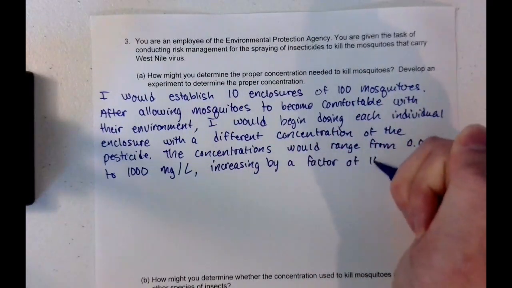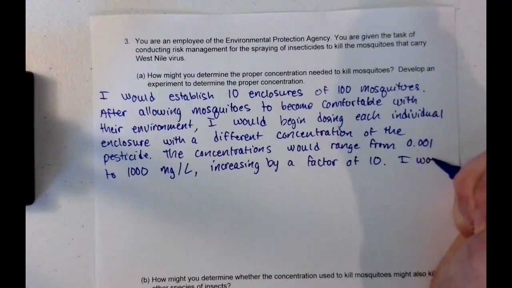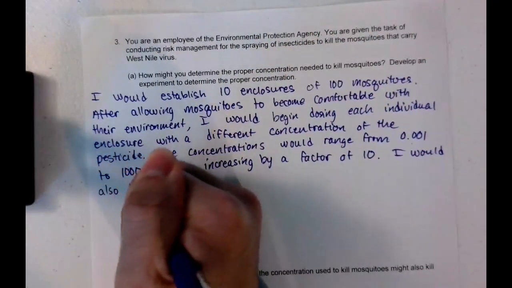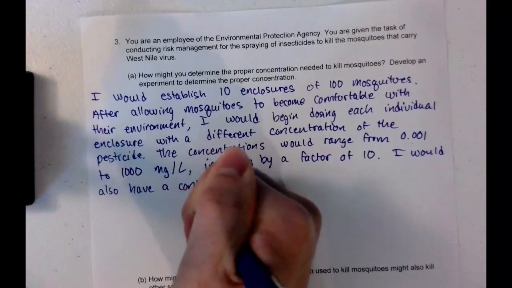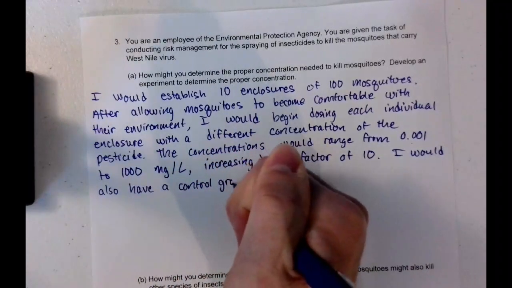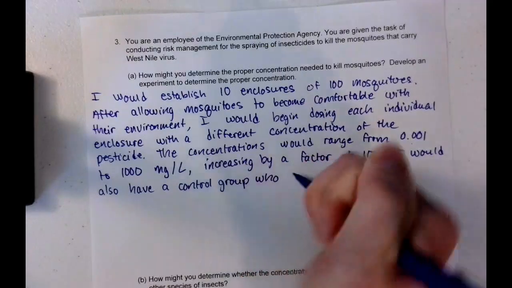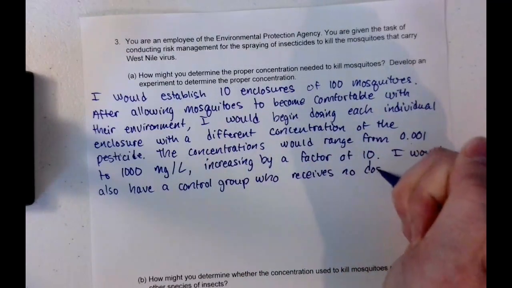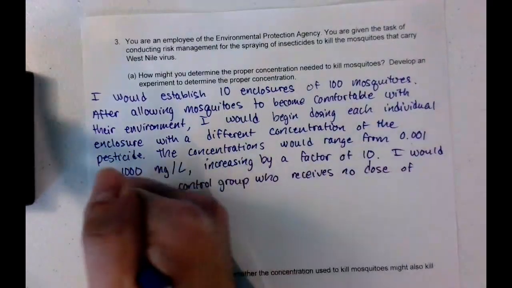Okay? I would also, remember you have to have some sort of control, I would also have a control group who receives no concentration or no dose of the pesticide.